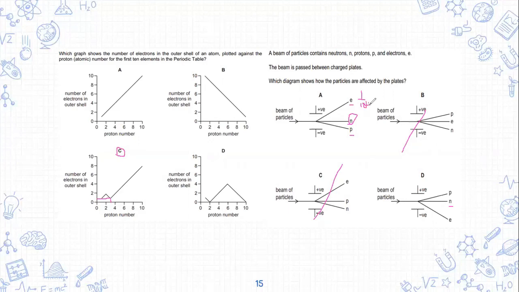Because they are so light, they will be deflected at a much greater angle as compared to the protons. This is why the electrons deflect much and go nearer to the positive plate. This is because they carry negative charges. As we know, opposite charges attract each other. This is why electrons go towards the positive plate, and protons, being positive, are going to deflect towards the negative plate.